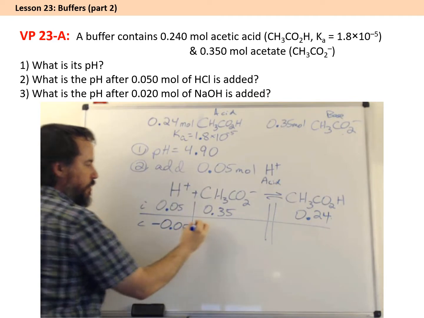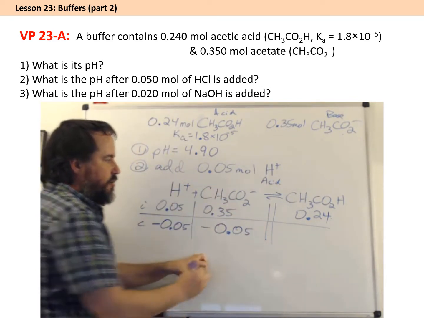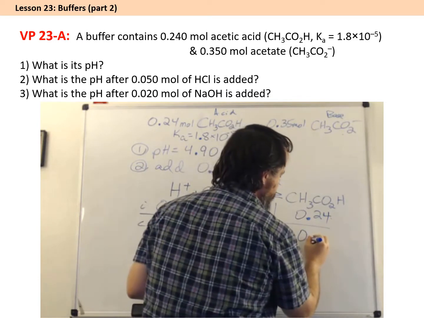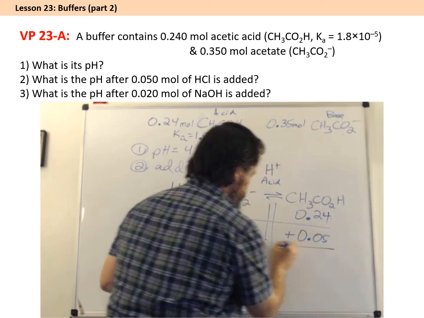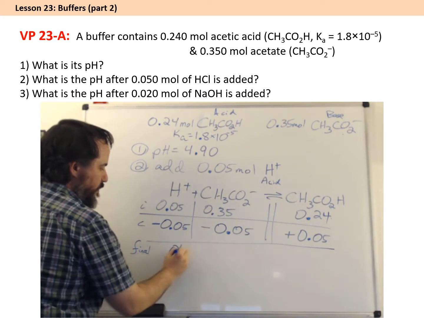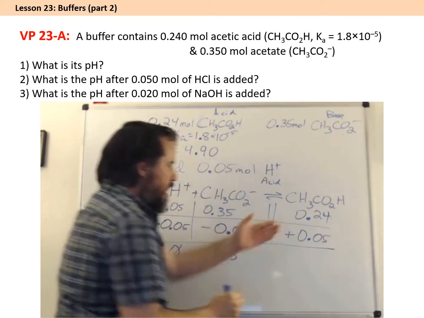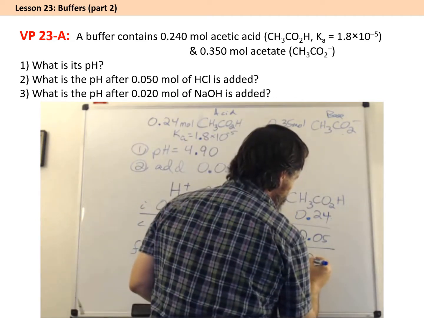If this decreases, this also decreases, and if this decreases, my products increase. It's going to get me 0 for this, this is going to become 0.3, and this is going to become 0.29.